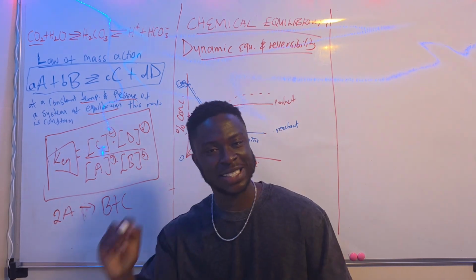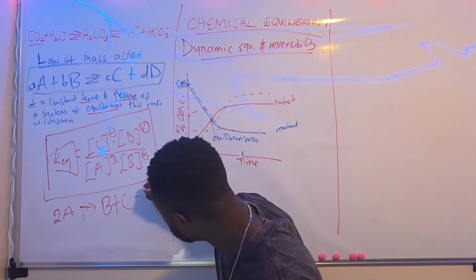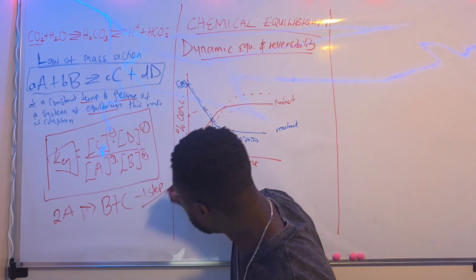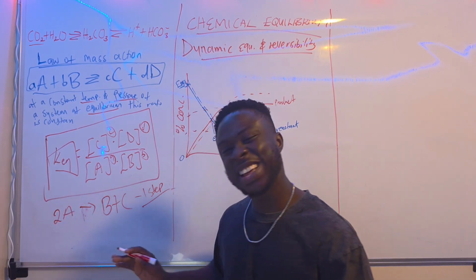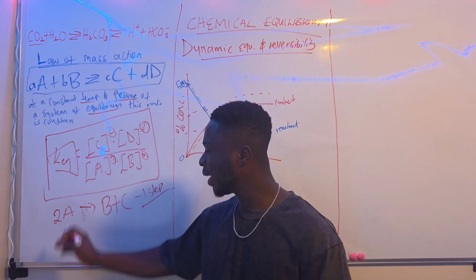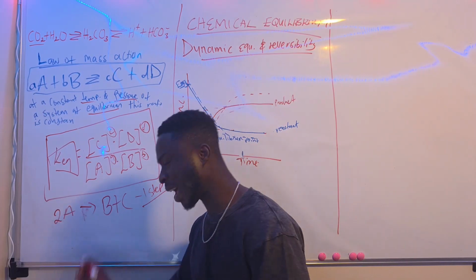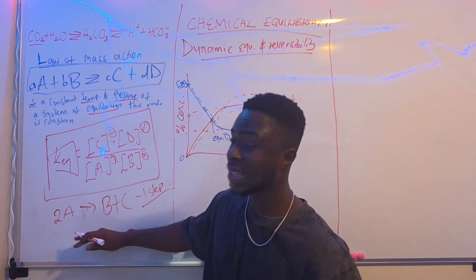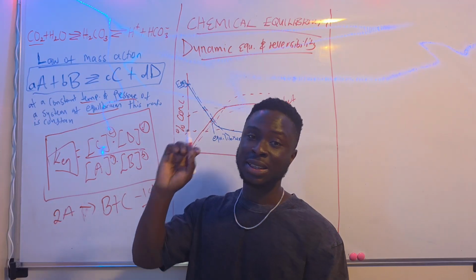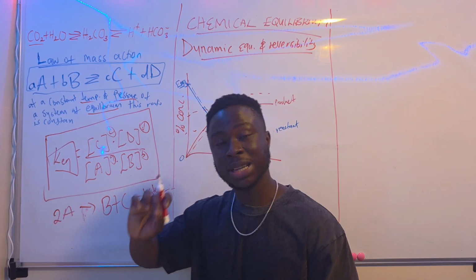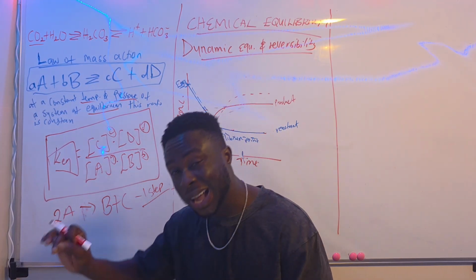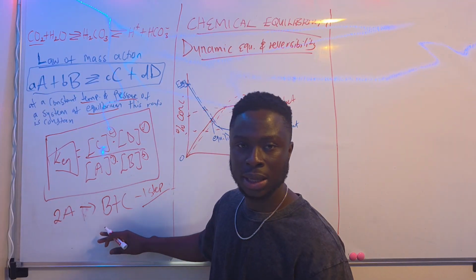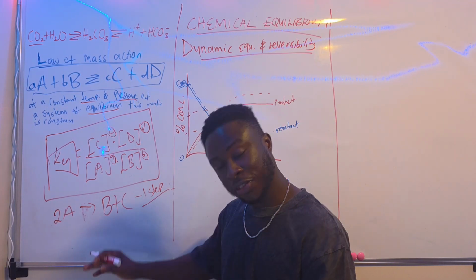The one-step reaction means that this reaction is the actual molecular representation of the reaction. There are no intermediate forms. It means this reaction represents the reaction pathway, which is the reaction mechanism of this specific reaction.